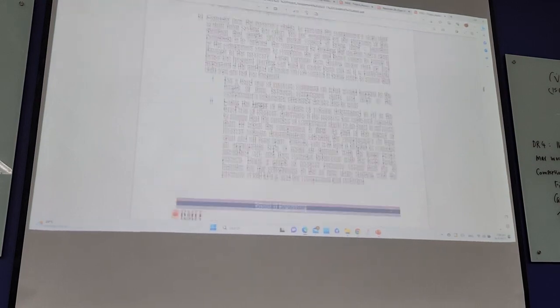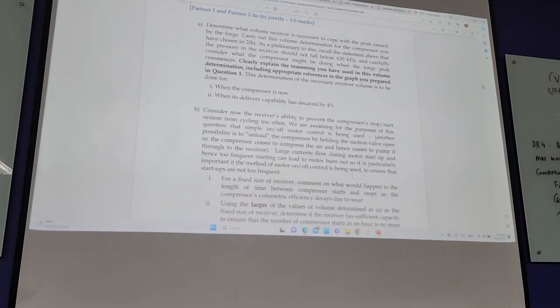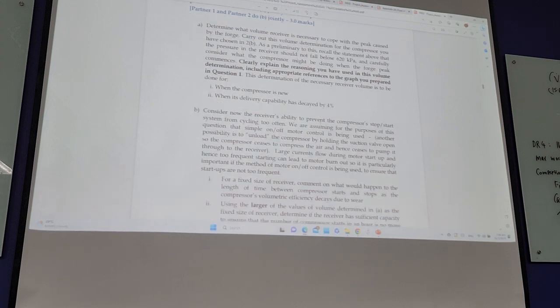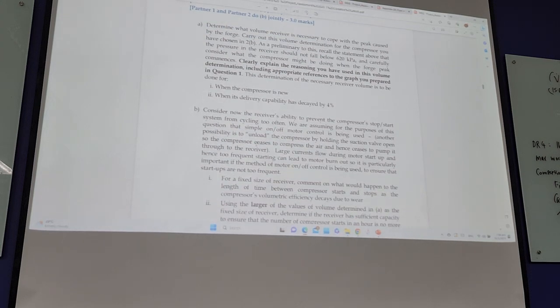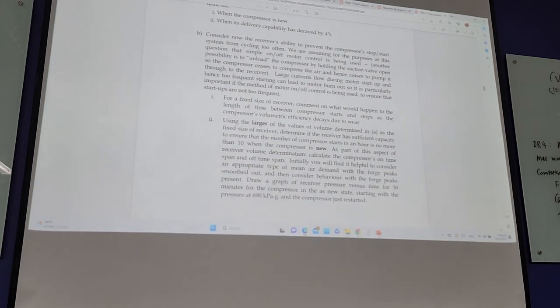Okay, so we are answering these questions. Question 3, compressor is new. Also, part B or part 2, when delivery capability has decayed by 4%. Okay, let us go through this question together.